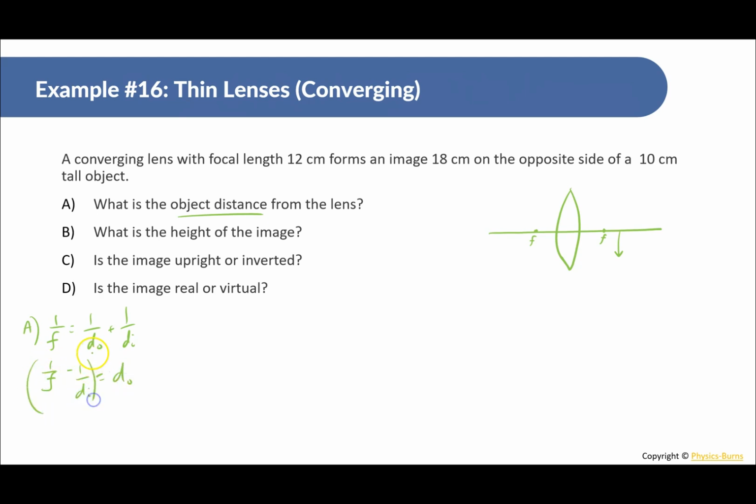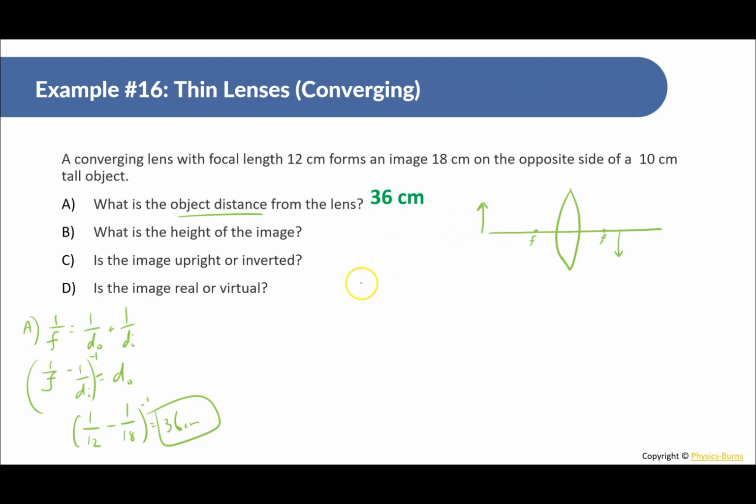So we have to find the inverse of that. 1 over f is 12, converging lens, minus 1 over distance of image, which is 18, and the inverse of that. 1 divided by 12 minus 1 divided by 18, inverse. That's going to be 36 centimeters.